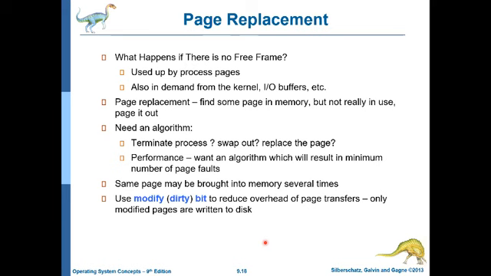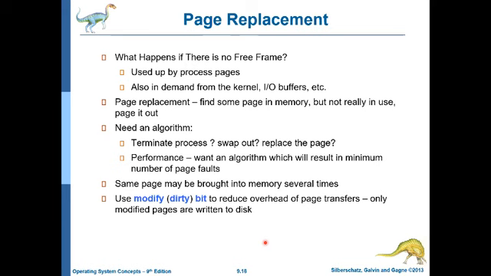We can also make an improvement by having a bit known as a dirty bit or modify bit with each page, which will help us determine if this page has been modified in the RAM or not. Why is this important? Because when we make a replacement, we need to write the page from the main memory into the hard disk.